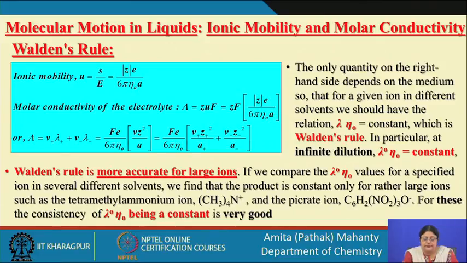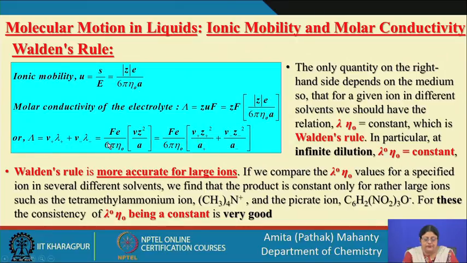So, if I can separate out which are the things for a common solvent system, Faraday into E, the electronic charge, remains constant, 6 pi into eta, the solvent system. If I separate that out, then this can be represented like this.